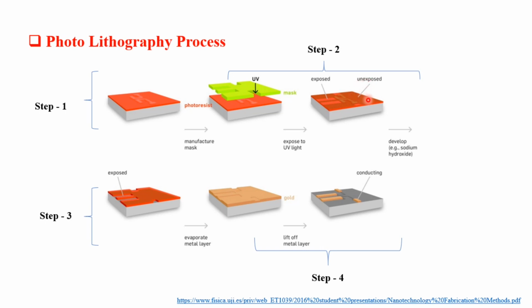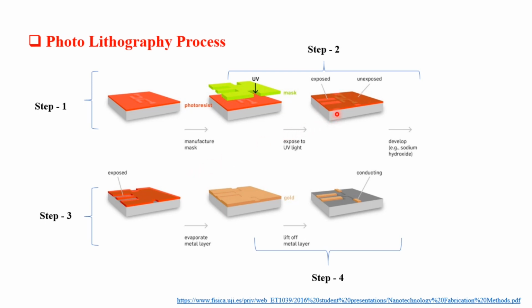Here the exposed part is this, and the unexposed part is this dark one. If it is a positive photoresist, then the exposed part is removed, while in a negative photoresist the unexposed parts remain, and the unexposed part is removed first.